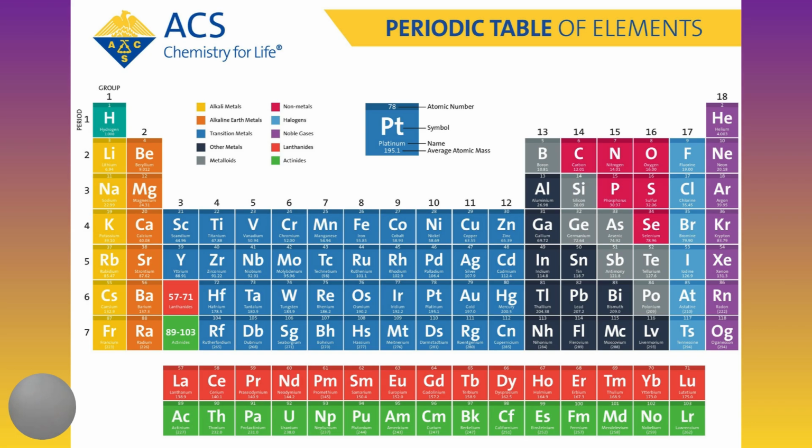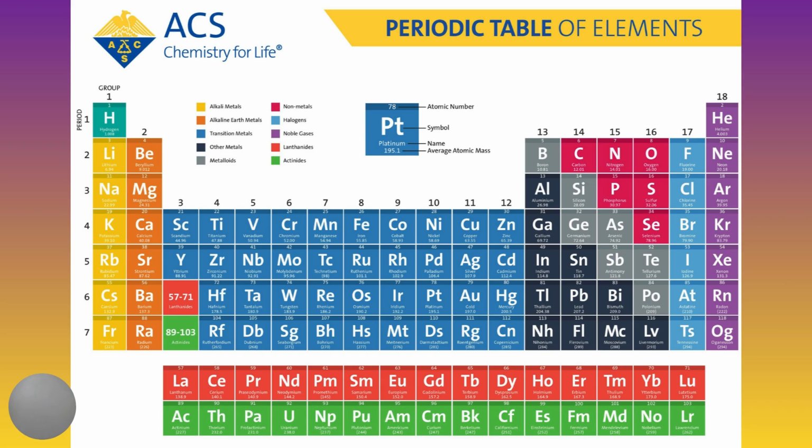So helium has two protons or two electrons. Now we look at the element sodium. Where is sodium? Okay, here, Na. What is the atomic number? That's 11. So 11 is the atomic number, which means it has 11 protons and 11 electrons.